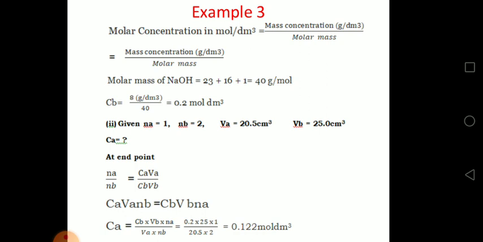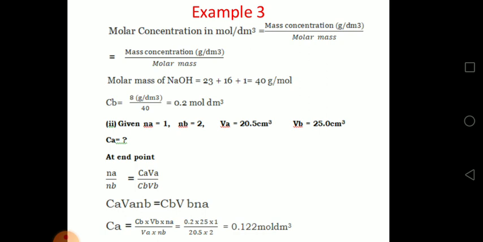I'm going to substitute the appropriate value, and I'm going to get the concentration of the acid in mole per dm cube as 0.122 mole per dm cube, and that gives me the concentration of the acid solution in mole per dm cube.